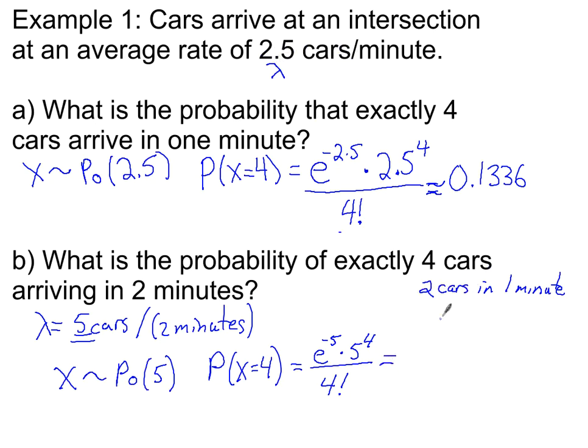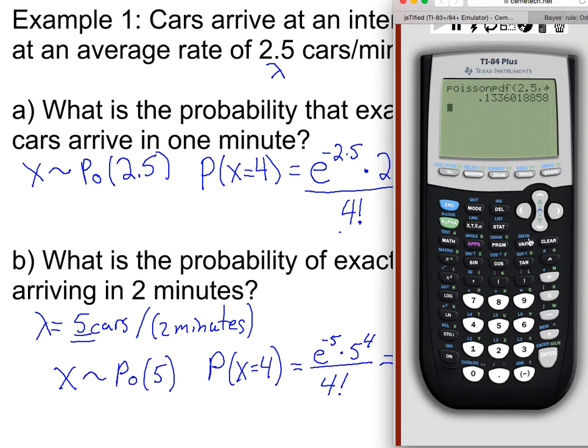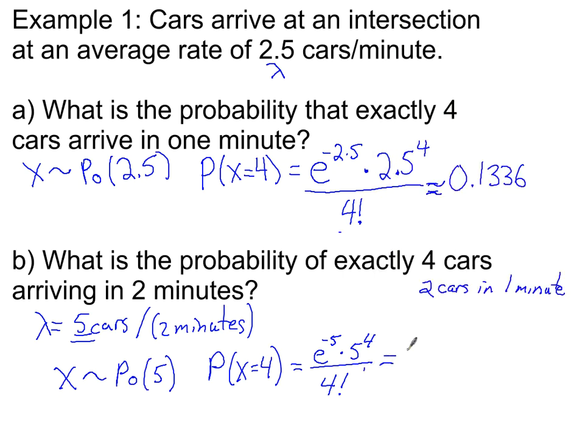If we work this out, let's just do that real quick so we get a number. Poisson PDF with lambda 5 for 4, we get about 17.5%, about 0.1755.